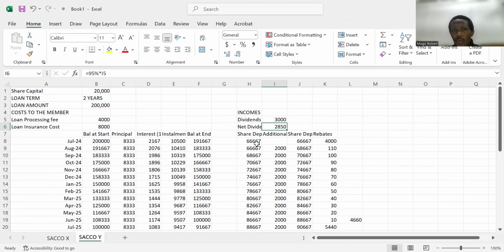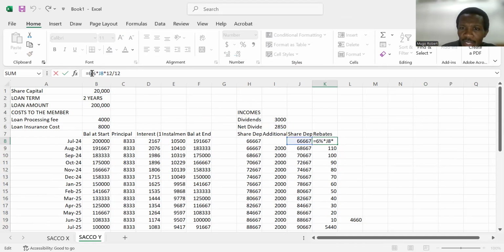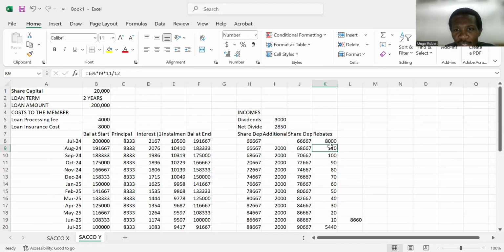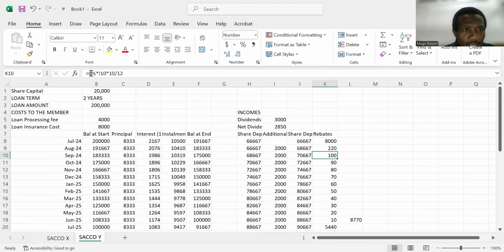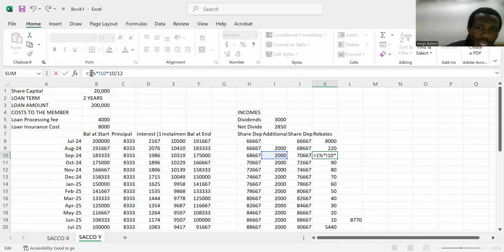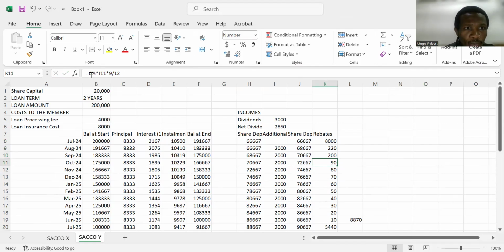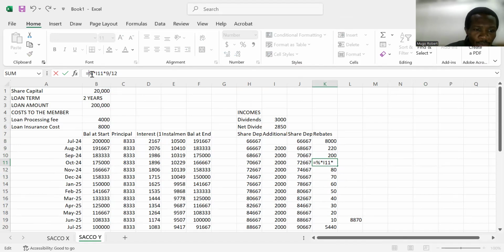The share deposit is operating the same way, additional of 2,000 every month. But the rebates, now it is not 6%. The rebates will be 12%. So it is 12% of that. Even this one, you will allow me to keep on adjusting one by one, 12%. The other, we had put formulas.